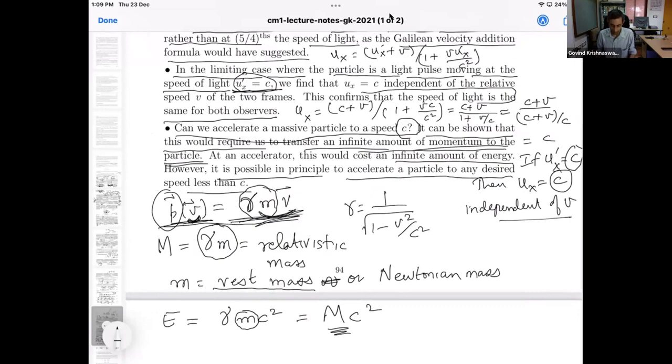So let me not try to give some short answer over here because we have not even set things up. But the rest mass continues to be the gravitational mass. The inertial mass is still the gravitational mass.